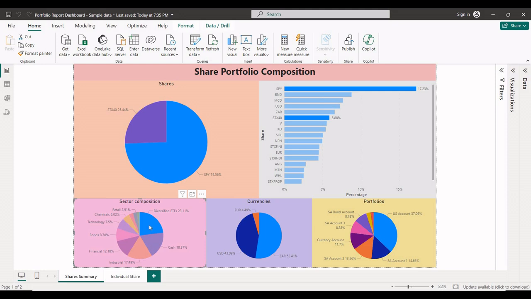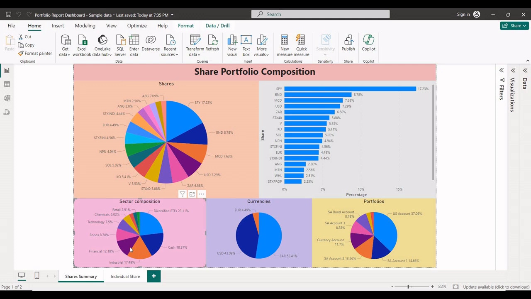So as we select, we get the filtered breakdown with the pie chart, but we also keep a view of how the components fit into the whole using the horizontal bar graph.